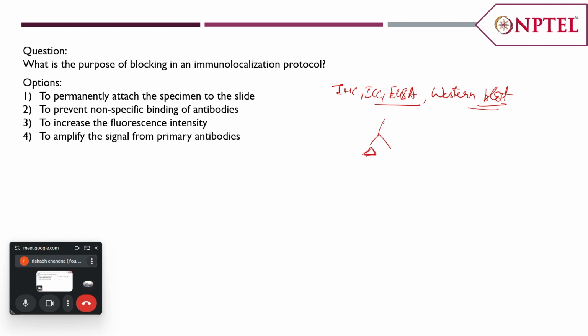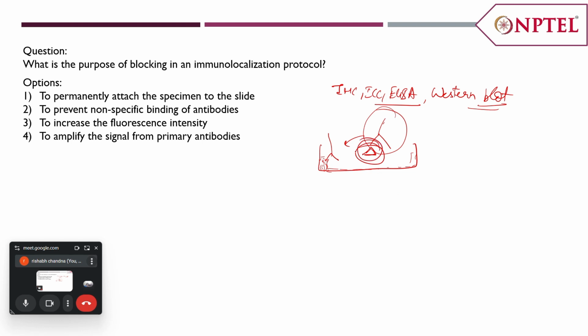This antibody would have a tendency to attach to all the non-specific binding areas. For example, if we are staining a particular cell, the other organs can also be bound. In this case, the antibody can bind non-specifically and give false positive results, but our protein of interest would be here.